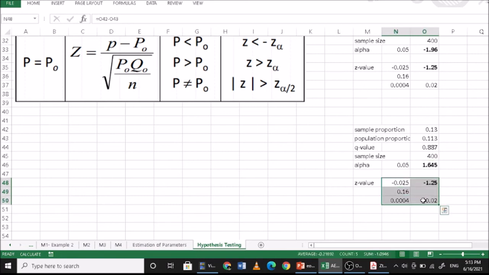So for the Z value, that's still sample proportion minus population proportion, divided by the square root of population proportion times Q divided by the sample size.